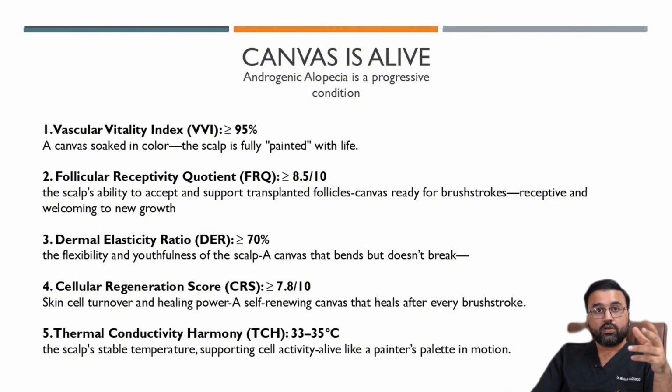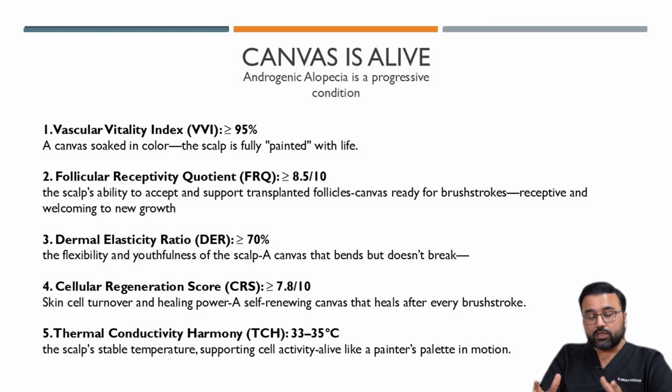The second thing, when we understand the canvas, is the follicular receptivity quotient. Our canvas has more than 8.5 out of 10 follicular receptivity quotient, which is the scalp's ability to accept and support the transplanted follicles.